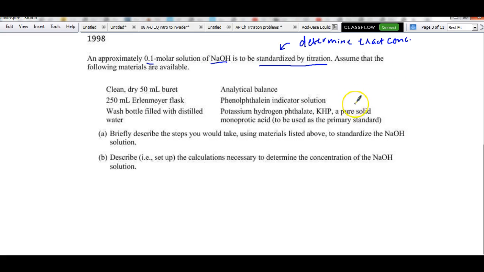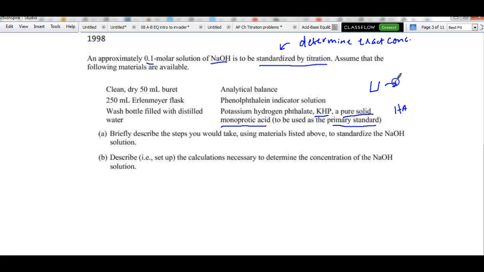Briefly, what we have is this pure solid acid called KHP. This is a monoprotic acid, so it's really like HA. It's only going to give away its one hydrogen, and it's going to be what's called a primary standard. Why is this? Because this pure solid can be taken out of the little jar.